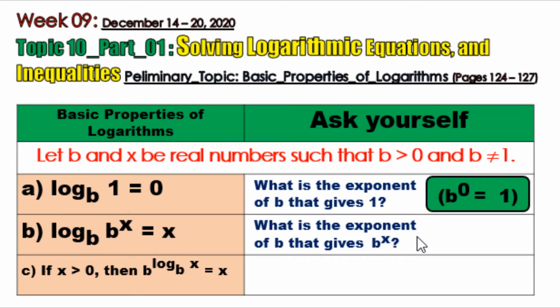If I express this in exponential form, this is the base, x is the exponent, and the answer is b raised to x. So they are equal. And the last property: if x is greater than 0, then b raised to the logarithm of x to the base b is equal to x.